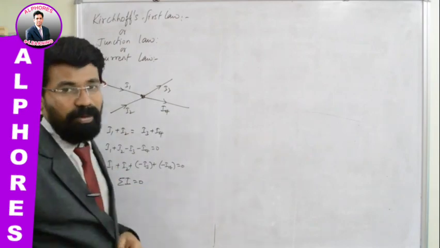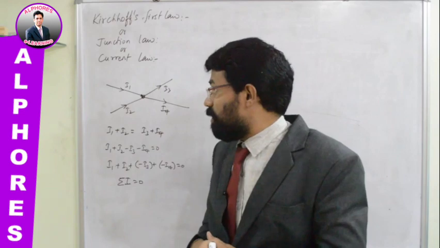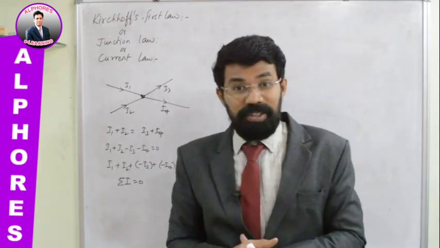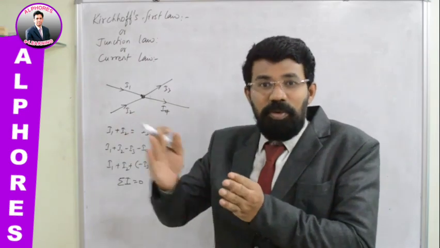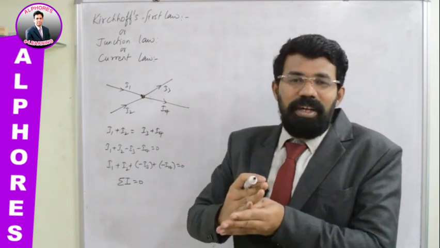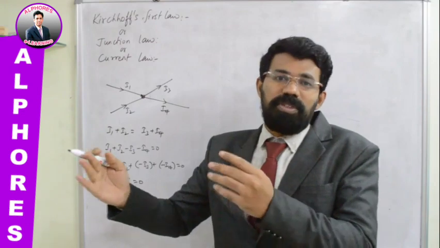You will get 0. And this is possible because of one very important conservation principle. Whatever amount of charge is entering, it will leave. So definitely the currents leaving the junction will be equal to the currents approaching the junction.